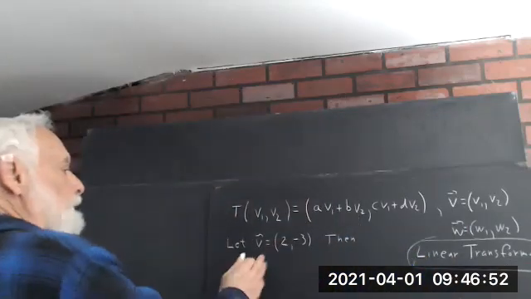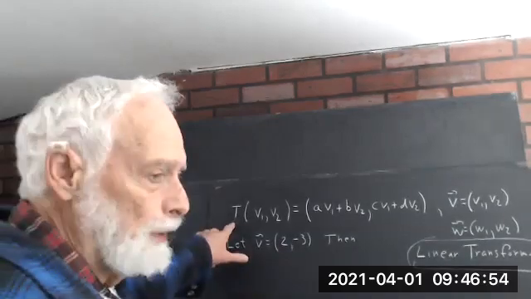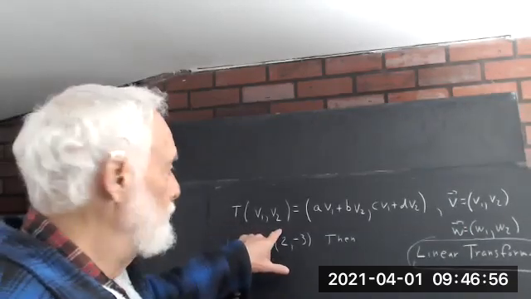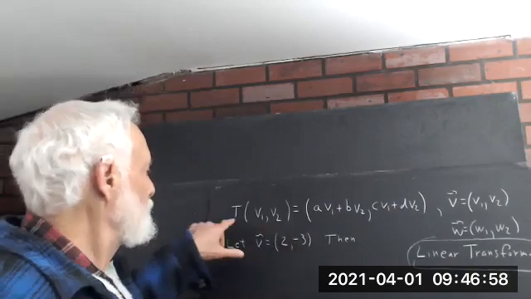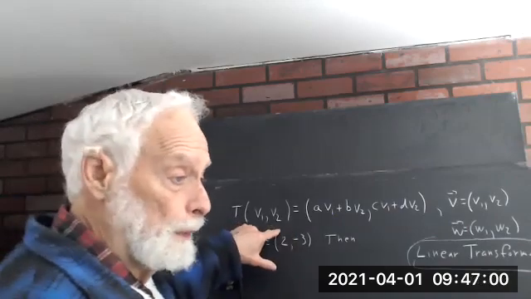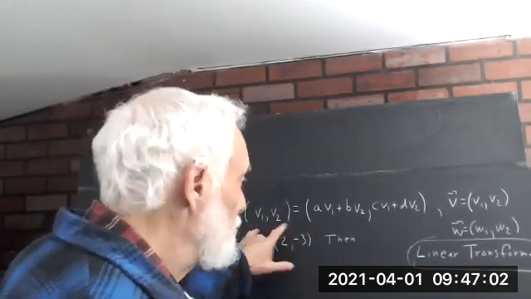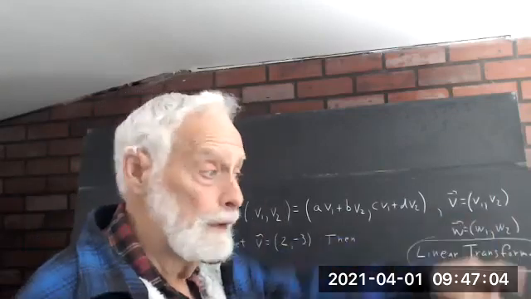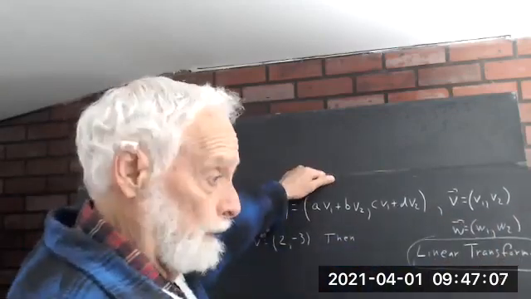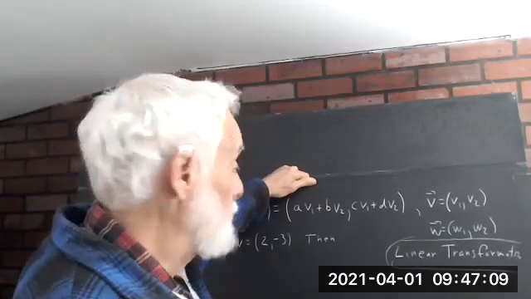Let T of V1, V2 be defined as follows, and this is T applied to the ordered pair V1, V2. This ordered pair can be regarded as a vector in R2 if we wish, and I pretty much wish that.